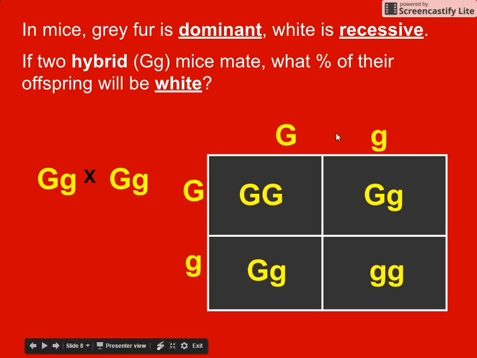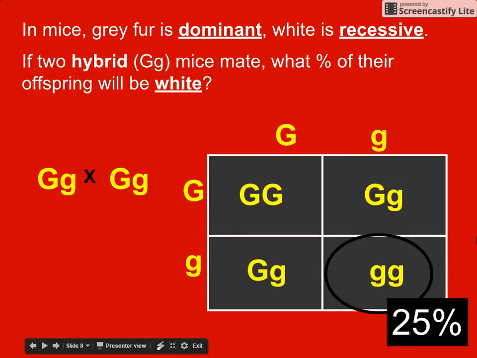In this particular case, when you have two hybrids mating, it's totally up to chance, but you could get a pure dominant, a hybrid, or a pure recessive. Again, completely up to chance, but you can identify percentages. If gray is dominant and you're looking for white, the recessive trait, it would have to be little g, and that would be a 25% chance.